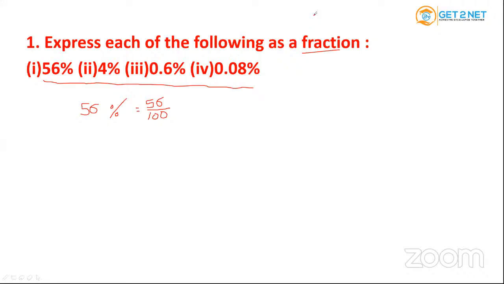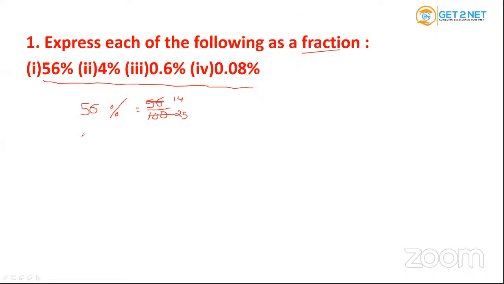Express each of the following as a fraction. So let us deduct. I divided the numerator and denominator by 4. So I got 14, since 14 into 4 is 56, and 25 into 4 is 100. Clear, all of you? Yes, ma'am.